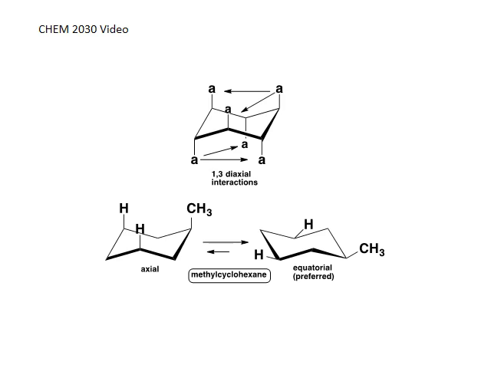Remember, an A goes to an E when the cyclohexane flips, or an E goes to an A. The preferred orientation of the methyl group is equatorial, so that the methyl group is not interacting with the axial hydrogens on the 1 and 3 position relative to the methyl group. So the preferred three-dimensional structure of methyl cyclohexane has the methyl group in the equatorial position.